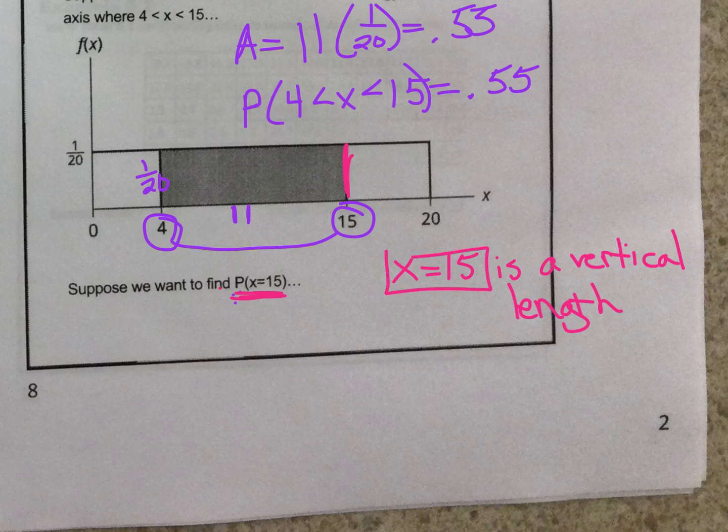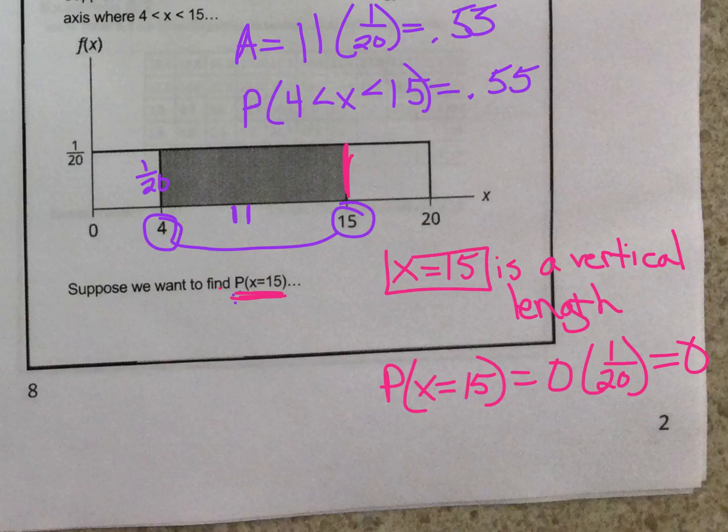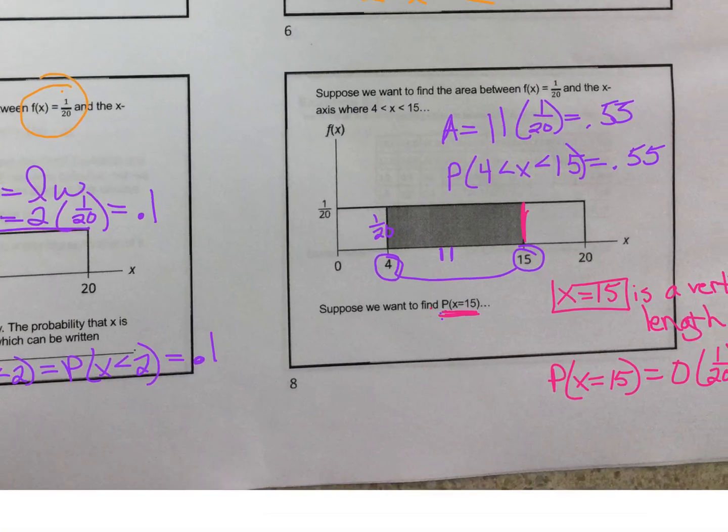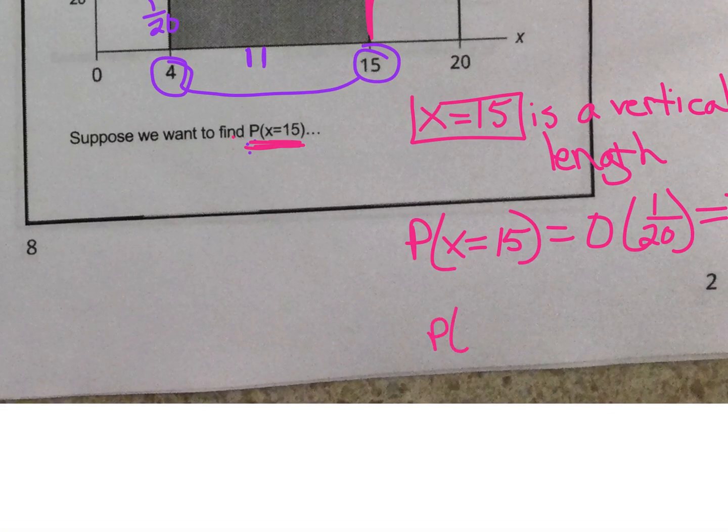So when we do the probability that x equals 15, we get the width is 0 times the height, which is 0. That's why up here we said that the probability that x equals any number equals 0, because there is no width to it. And we're looking at area. We got to have width. Okay.